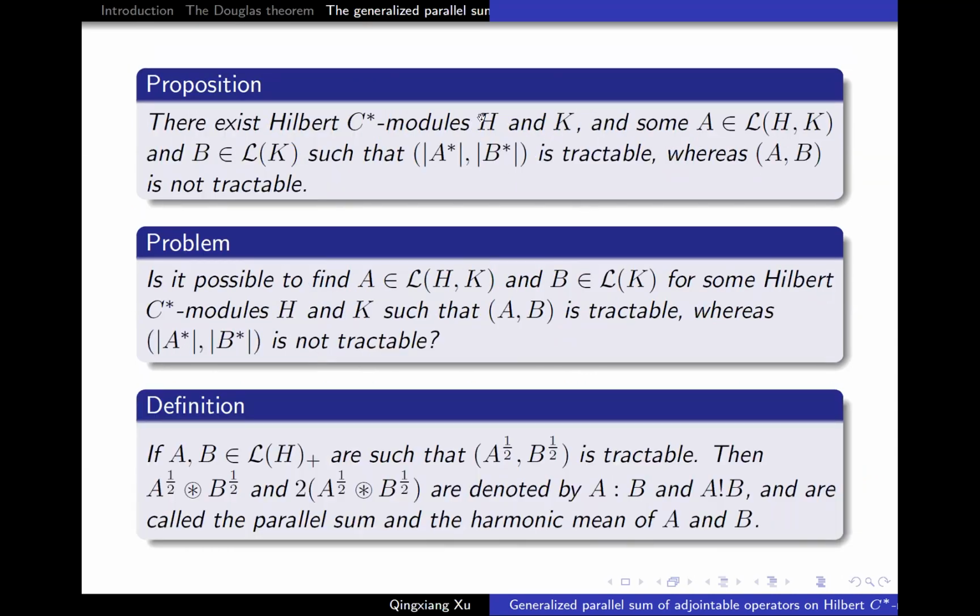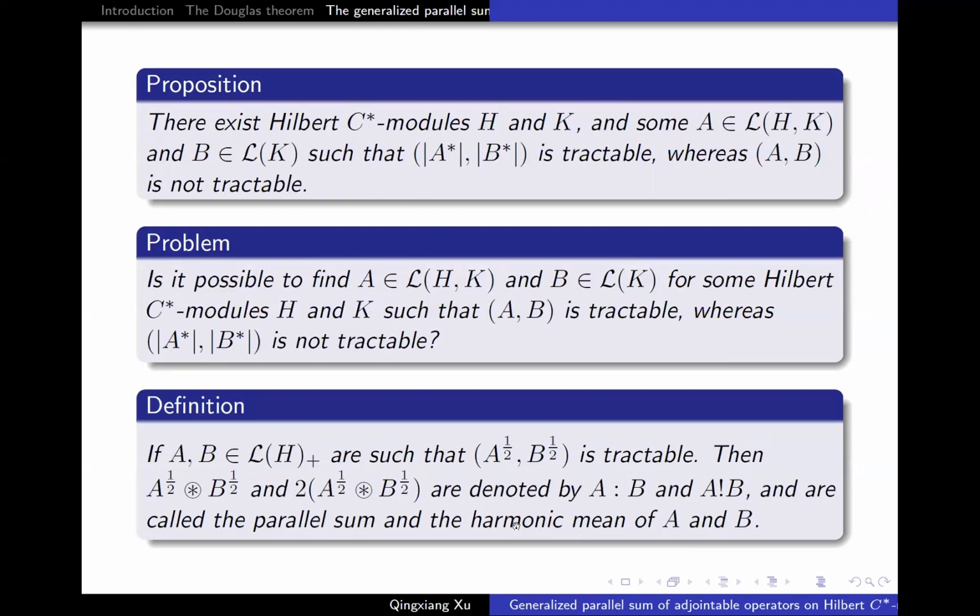Also, we have other properties. I just take this one. If we restrict our attention to positive elements, suppose A and B both are positive, such that the square root of A and the square root of B are tractable, then this general parallel sum is denoted by this. It's also denoted by this, and they are called the parallel sum and harmonic mean respectively.